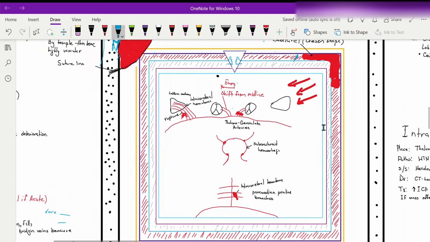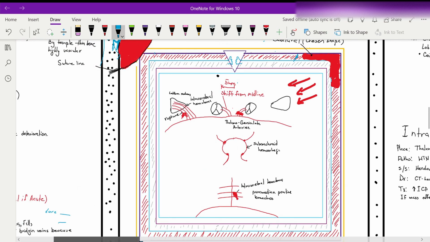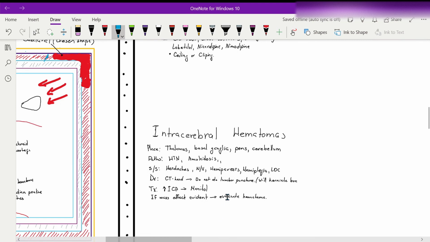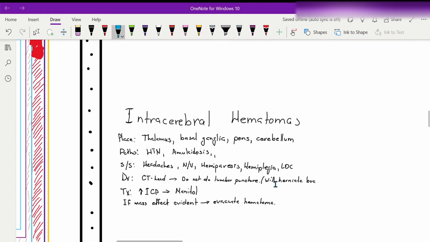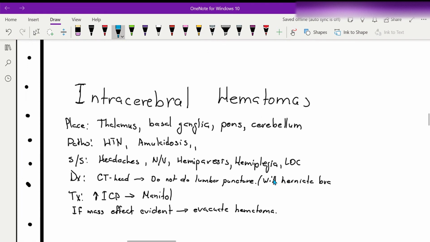Little small blood vessels, from increased intracranial pressure or amyloidosis, and they will increase the intracranial pressure. So again, places: thalamus, basal ganglia, pons, cerebellum. Reason: increased intracranial pressure or amyloidosis.